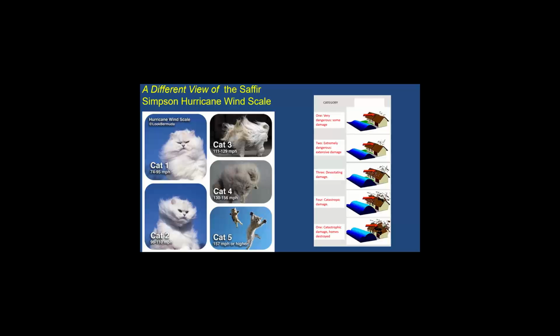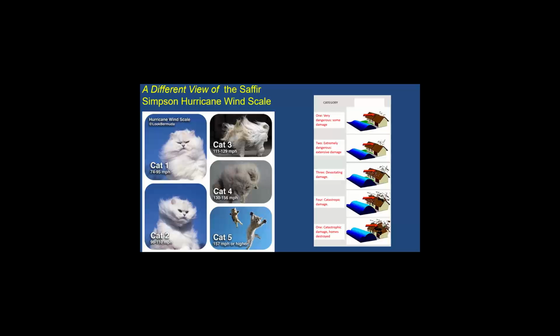give you some damage. Category 2, more extensive. Just for reference, Hurricane Ike was a Category 2 when it made landfall, and pretty much a Category 1 minimal as it went through Montgomery County back in 2008. Category 3, like Alicia, that's really going to cause very serious, devastating type damage.